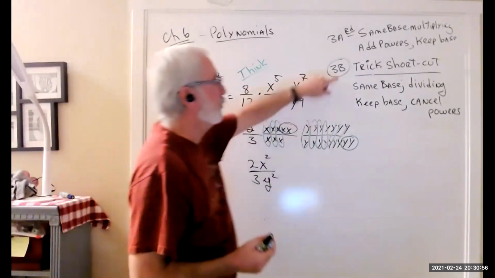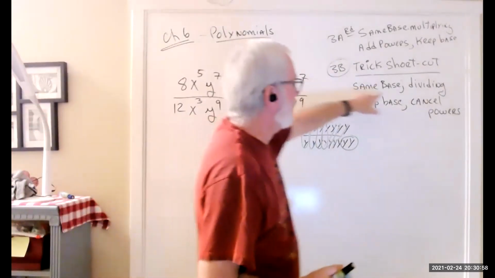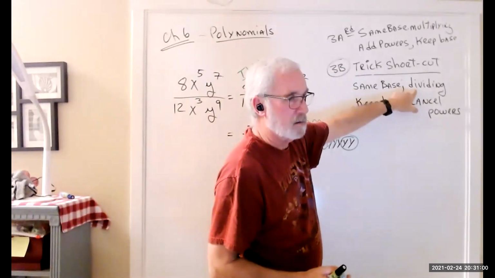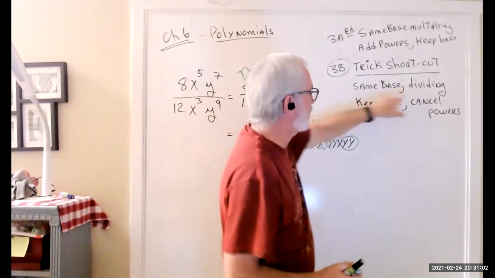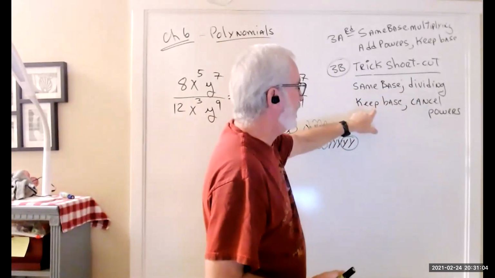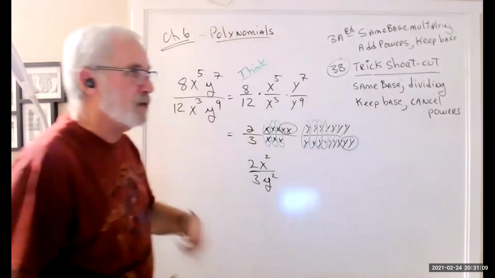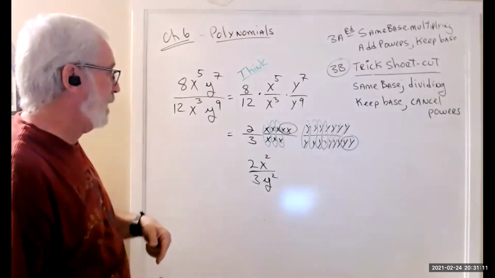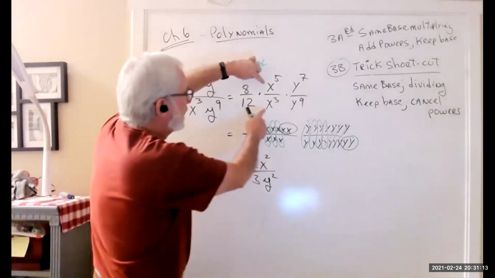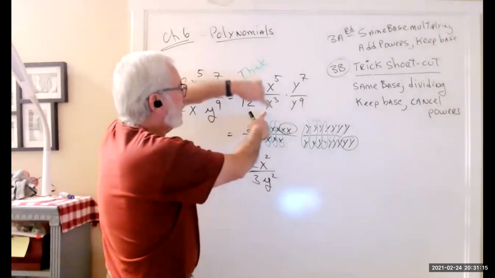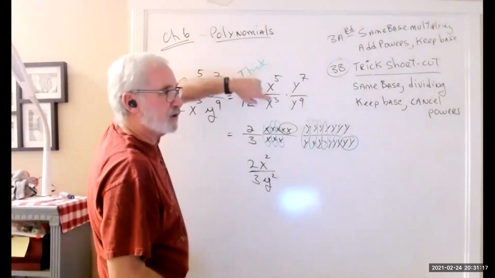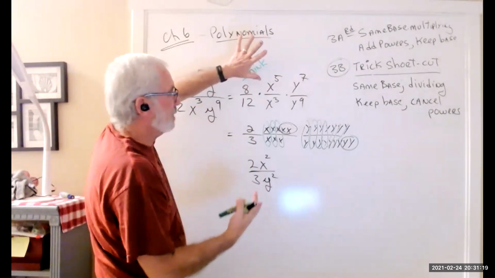That's what that rule says. If they're the same base but dividing, you keep the base and cancel the powers. So I keep the x, but there's canceling: 5 on top, 3 on bottom.